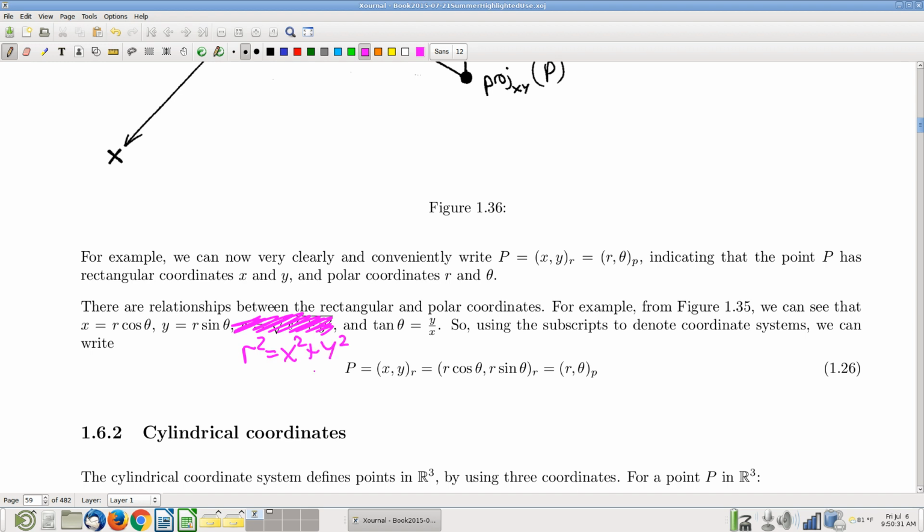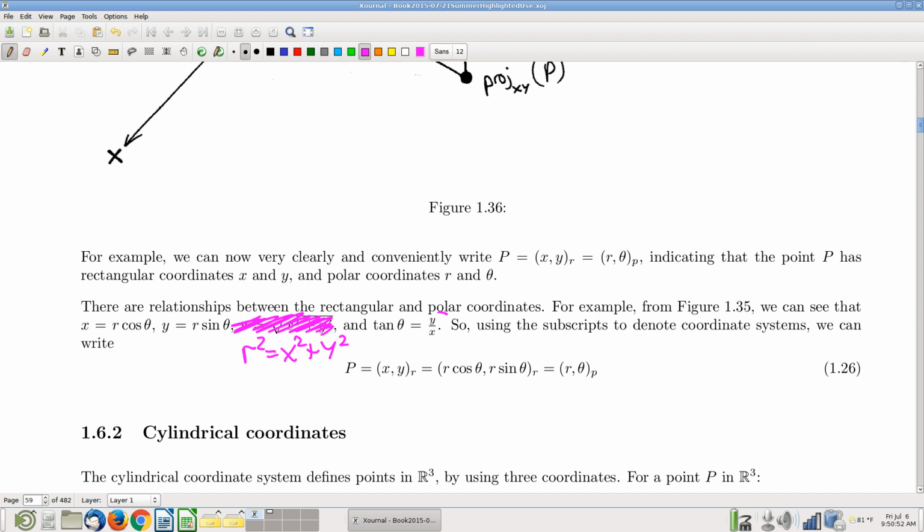Or, if you want, absolute value of r equals square root of x squared plus y squared. Sure, knock yourself out. I prefer to just leave it as r squared is x squared plus y squared, and leave it to the user to apply this appropriately as needed. Anyway, that will be fixed in the next edition of the book.